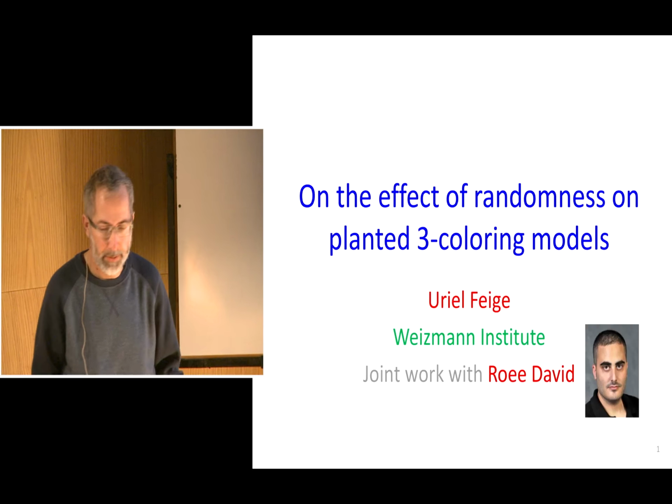You started from this situation, and all the bad vertices, those which were not colored according to the planted coloring, it turns out that they uncolored themselves. They are no longer colored at all, and also some of the good vertices may be uncolored themselves. But now we're in the situation that most of the graph is colored exactly as in the planted coloring, and a few vertices are uncolored, but we know that there's a way of completing the coloring because so far we made no mistake whatsoever compared to the planted coloring.